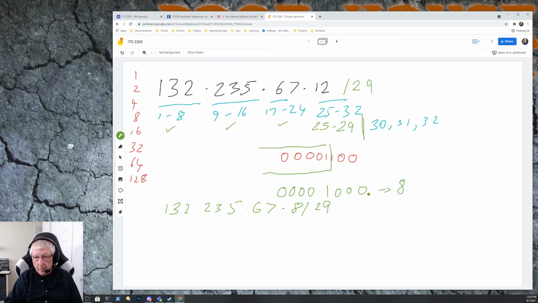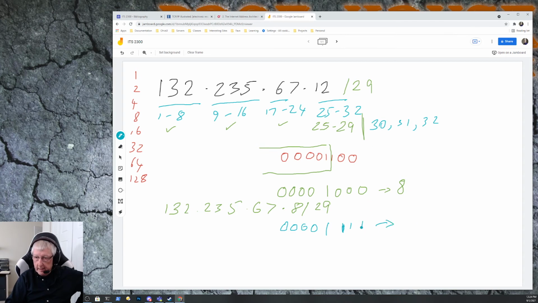What is the biggest number I can make when I only have the last 3 bits available? For that, I will set those bits to ones. I have the first 5, 0, 0, 0, 0, 1, and now I'm going to set the remaining 3 to all 1s, because that's the biggest number I can make.